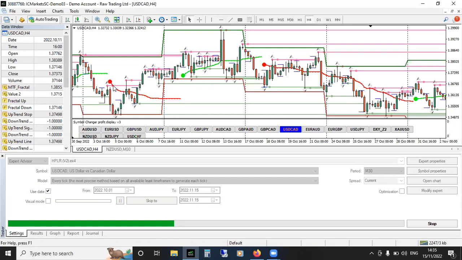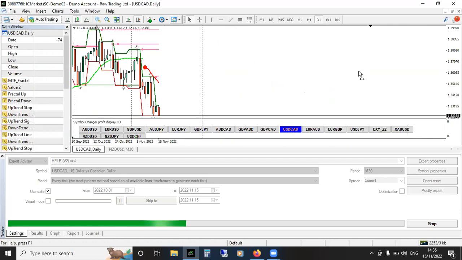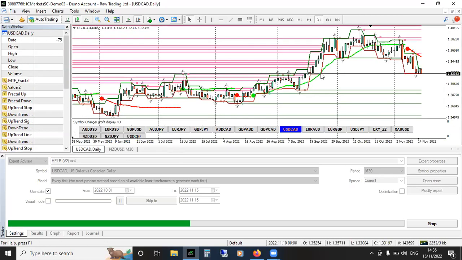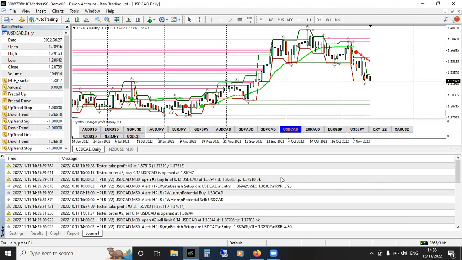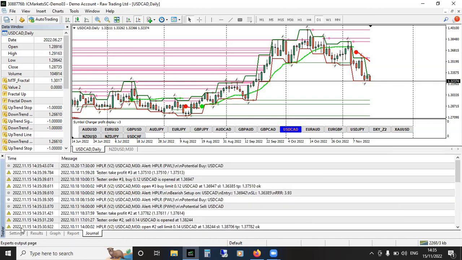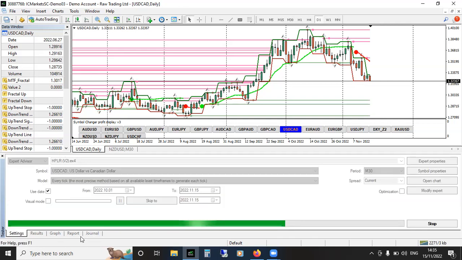Where that smart money divergence thing comes in, but let's not go into that right now. Okay, so it's already bearish. And I started this from October. I started it from November.